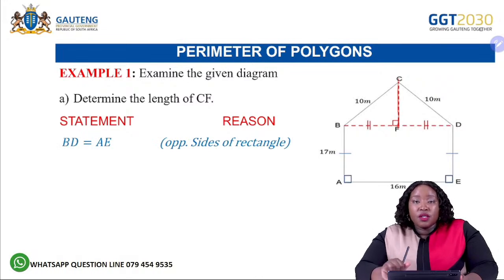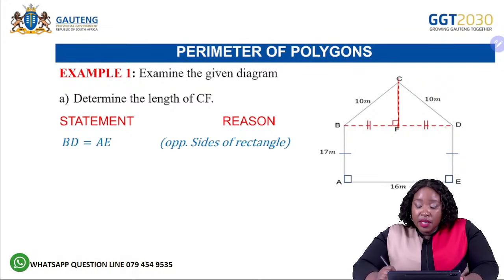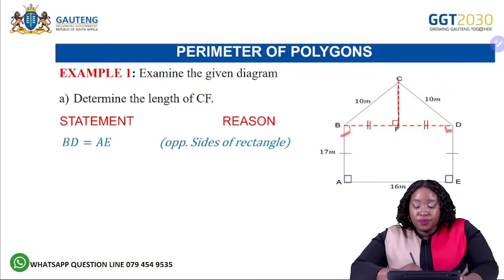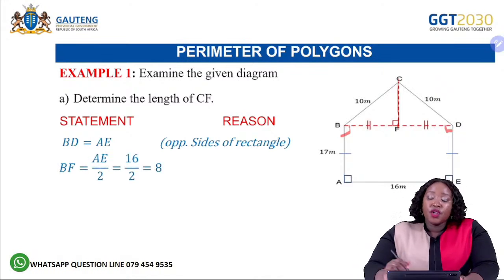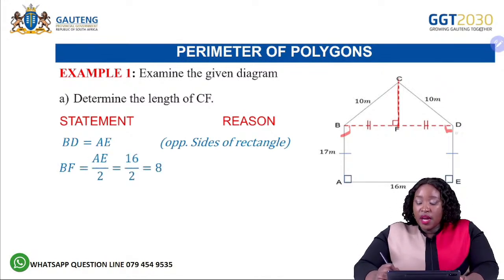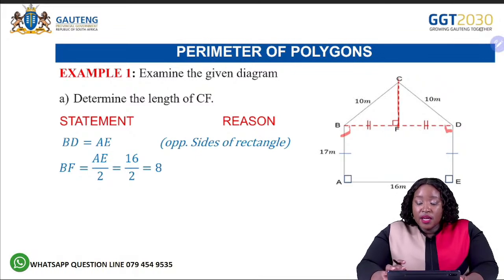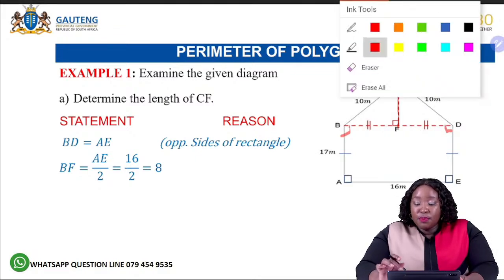So first things, we go and check our diagram. Hence, you're asked to examine it first. You notice that BD is equal to AE. These are opposite sides of a rectangle. As you can see, you do have all your right angles there. Okay. So if that's the case, BF and FD, you are told that they are equal to each other, which means AE or BC is actually being bisected.